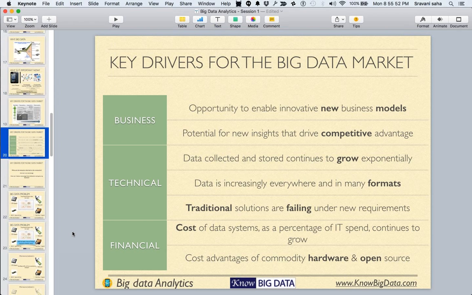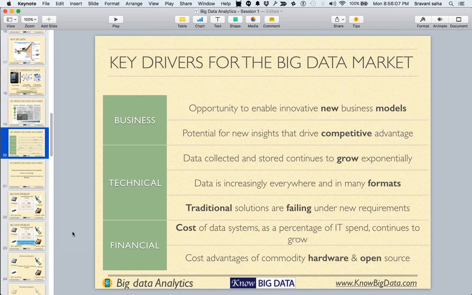On the technical side, why would people want to go for this? As the data is growing bigger, handling it becomes more and more complex, and many formats and many kinds of structure come into play. The traditional solutions are not able to cope with it.